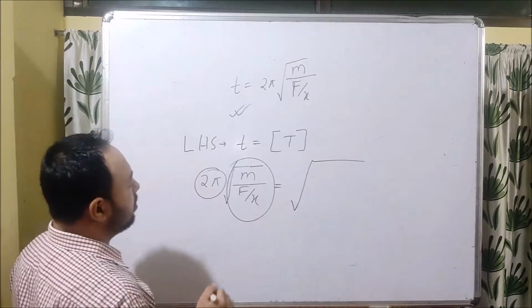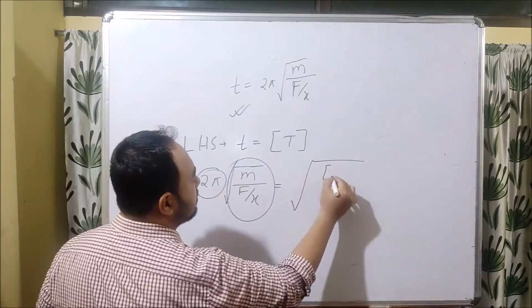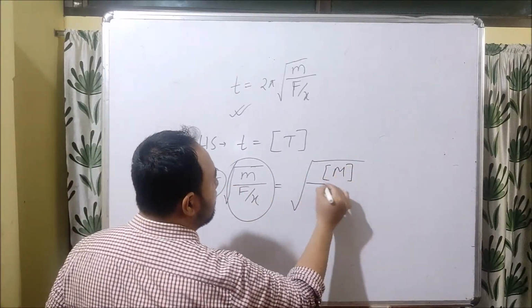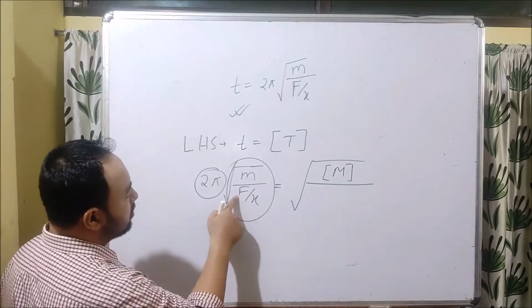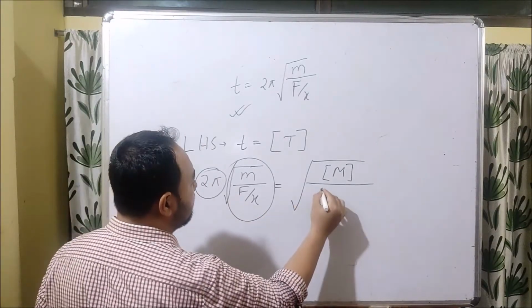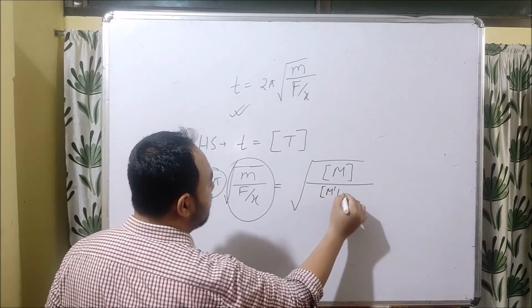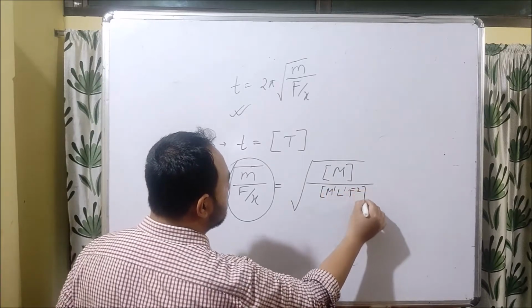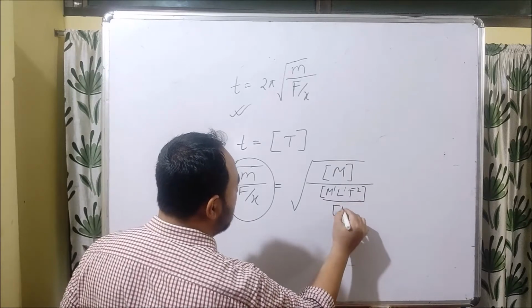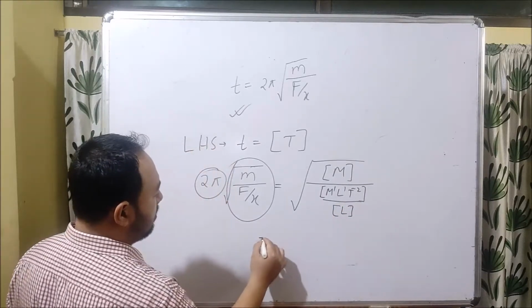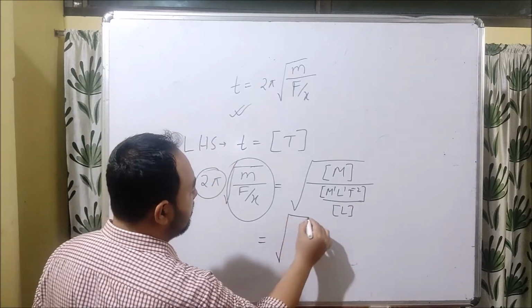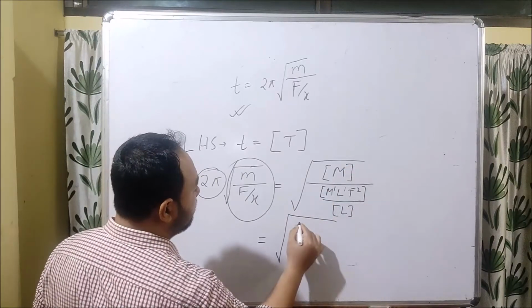So square root of mass upon force by length. For force you can write m1 L1 T minus 2 by L. So L will move up.